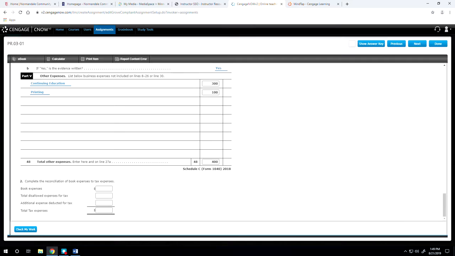One last thing that we want to do is complete this reconciliation of book expenses to tax expenses.